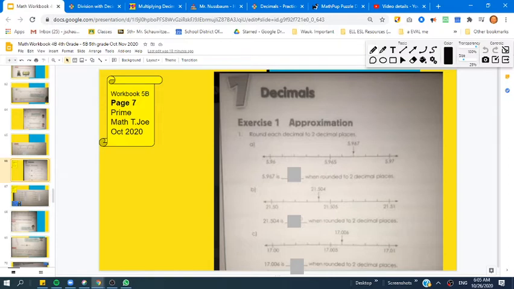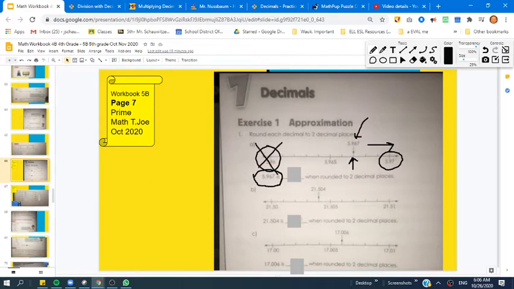First problem has us looking at 5 and 967 thousandths. Well, I know that that number is going to be closer to 5 and 97 hundredths because 5 and 96 hundredths is pretty far away, actually. If we look at our number, which is right there, it's actually closer to this hundredth spot than this one.